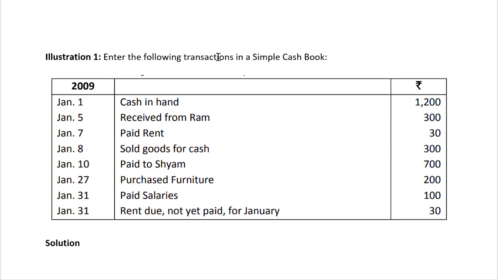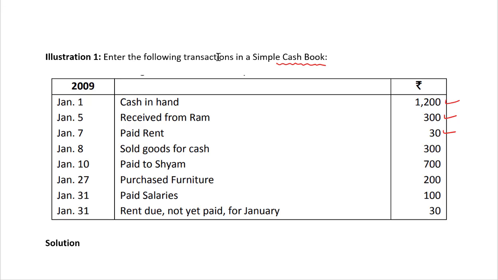Let's see this illustration. Enter the following transaction in simple cash book. January 1, 2009. The whole month expenses are given. Cash in hand, the opening balance we have 1200. Received from Ram 300.